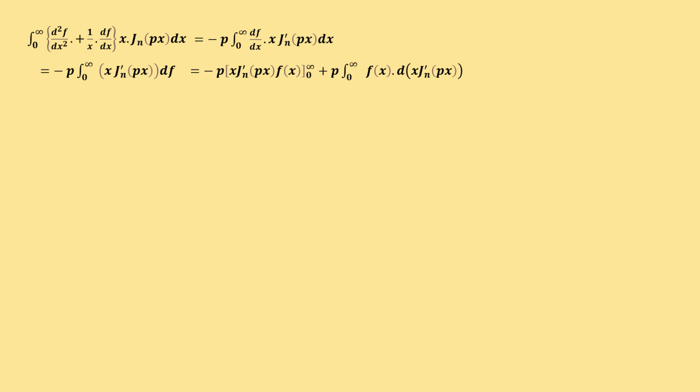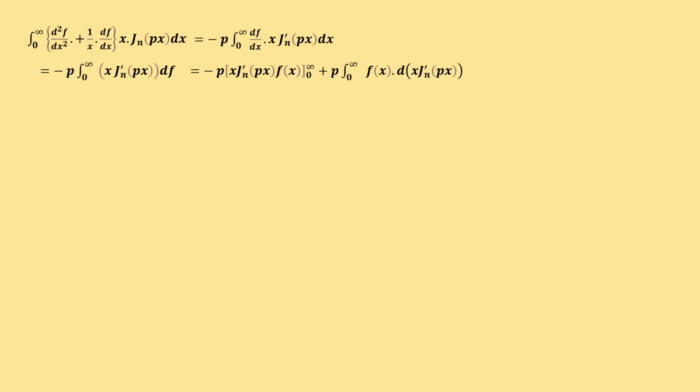Again we are using the u dv formula, integral u dv equals uv minus integral v du. Here u is x Jₙ'(px) and v is f.